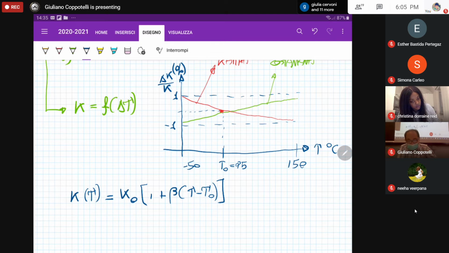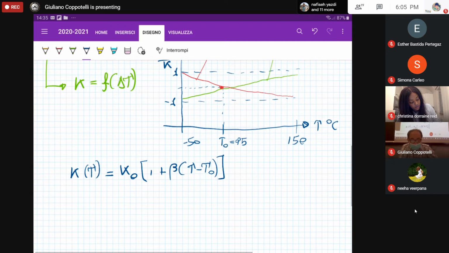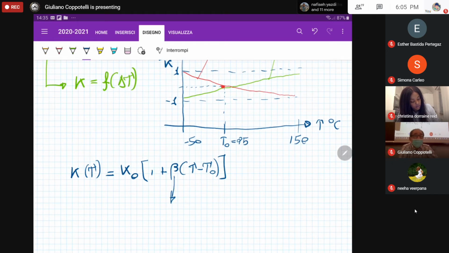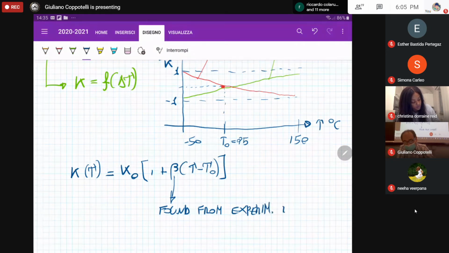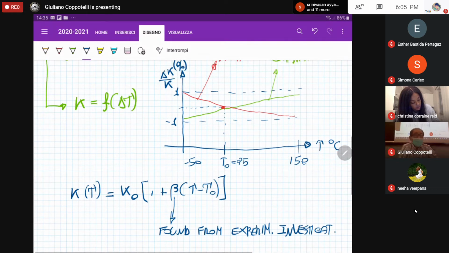As you can see, we are having a linear function of the change of temperature, delta T, and beta, that is telling you what is the slope, is found from experimental investigation. And by referring to the plot that I drew just before, beta could be either a positive value or a negative value according to the different material that we are using. Beta is the slope in our analysis.